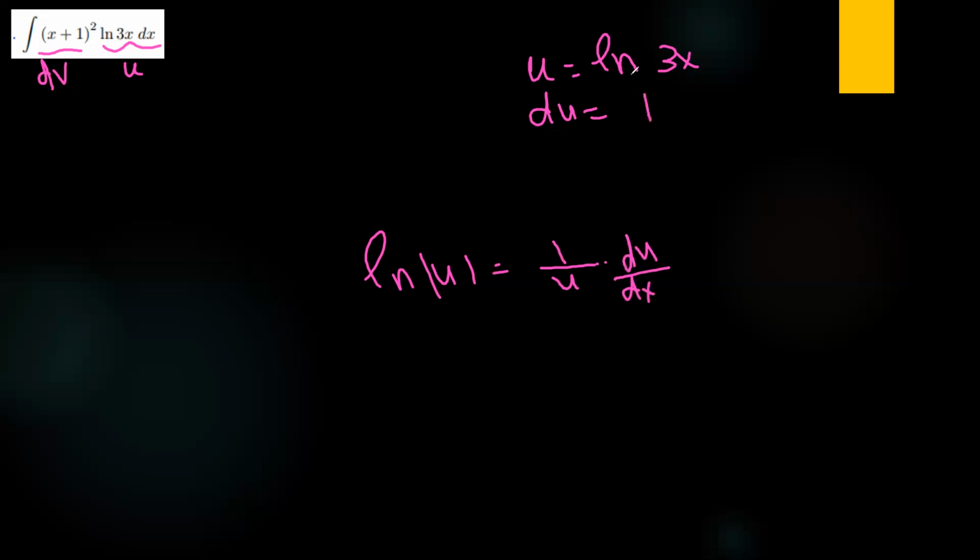So it is 1 over 3x times its derivative, which is 3. Is it right? Yes, teacher. Then, now what is dv? x plus 1 squared. Yes, it is x plus 1 squared.